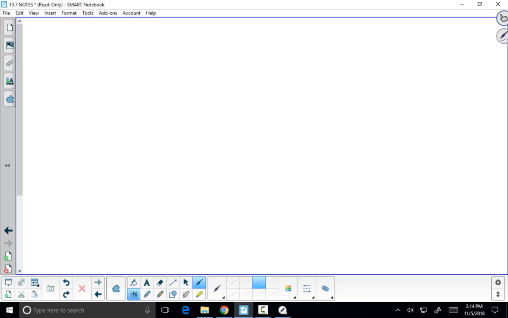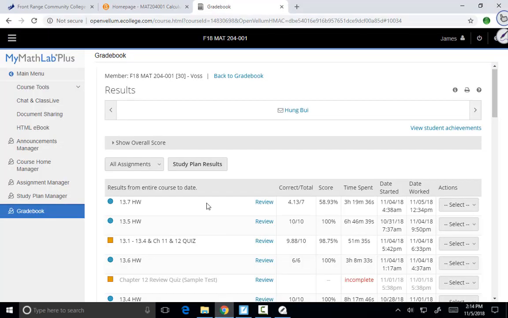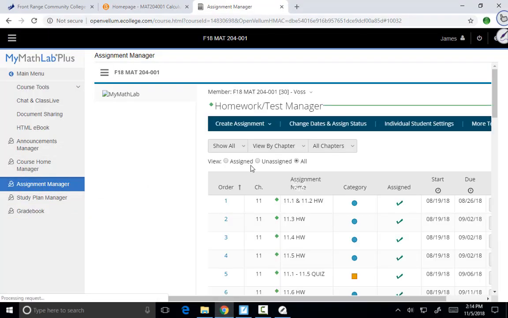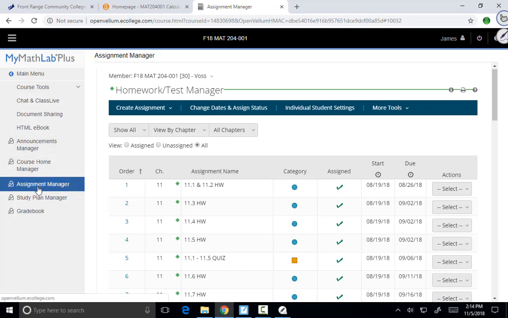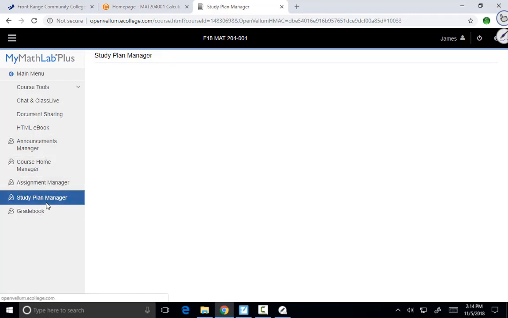13.3, let's do, I don't know, I think I'm going to pull it up on here so that we can more easily copy it. 13.2. All right, so I'm going to go to the study plan.